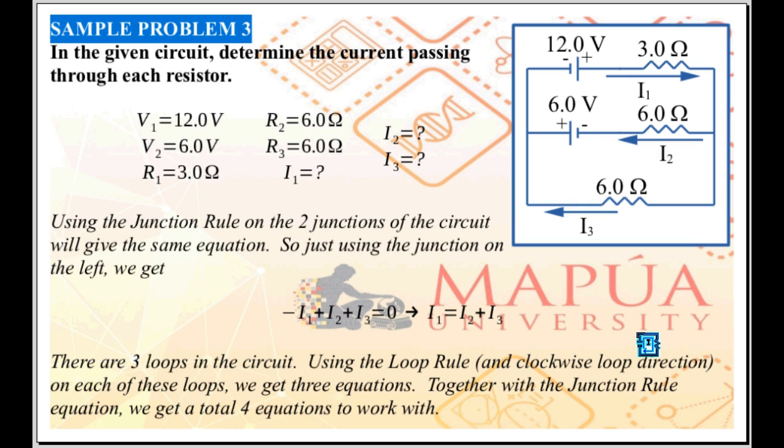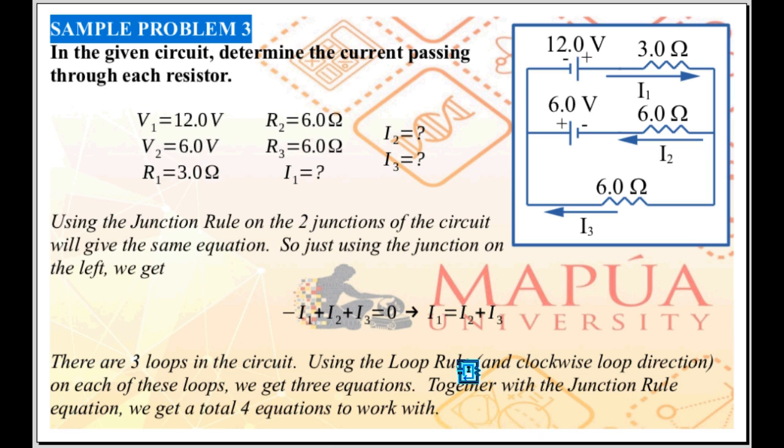Each loop, one equation. If we use the loop rule, we will get one equation for each loop. So three equations, together with the equation that we get with the junction rule, we get a total of 4 equations to work with.